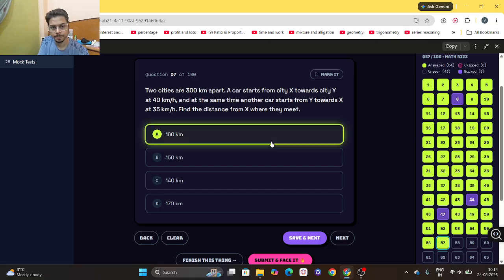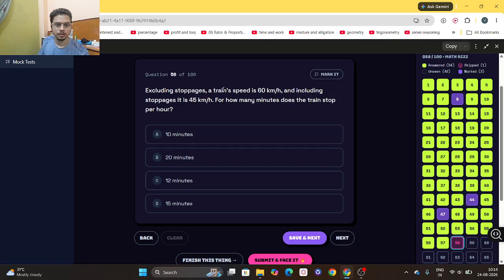160. Next. Excluding stoppages, a train's speed is 60 kilometers per hour, and including stoppages, it is 45 kilometers per hour. Find for how many minutes the train stops per hour. Excluding stoppages, speed is equal to total distance upon total time.